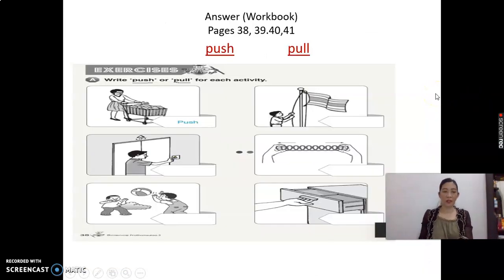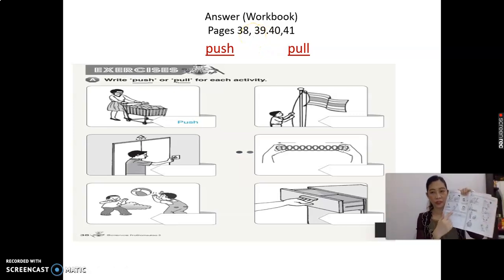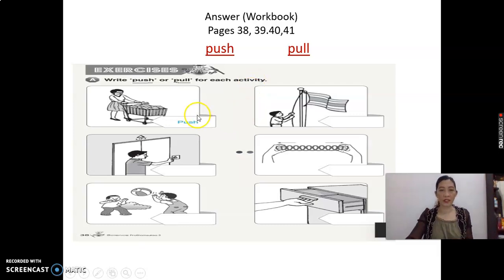Okay, please open your book, pages 38, 39, 40, and 41. Okay, letter A, page 38: write push or pull.